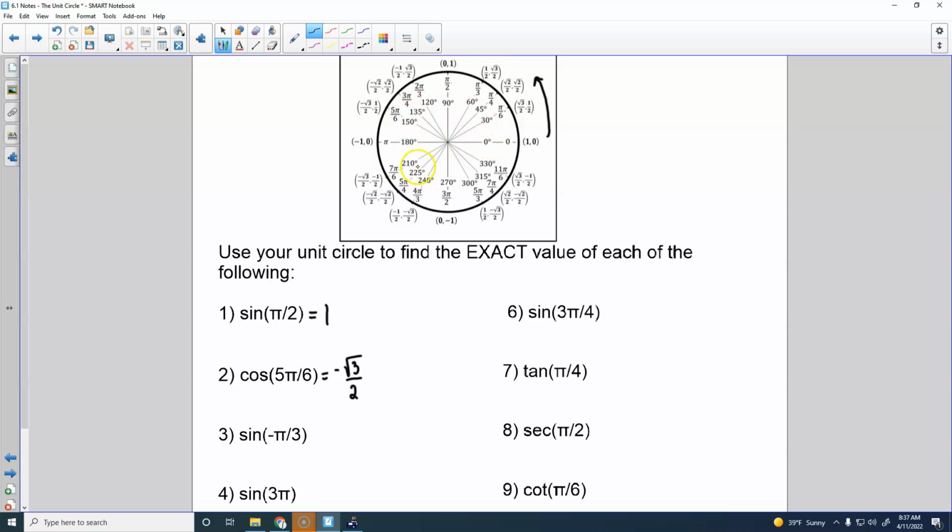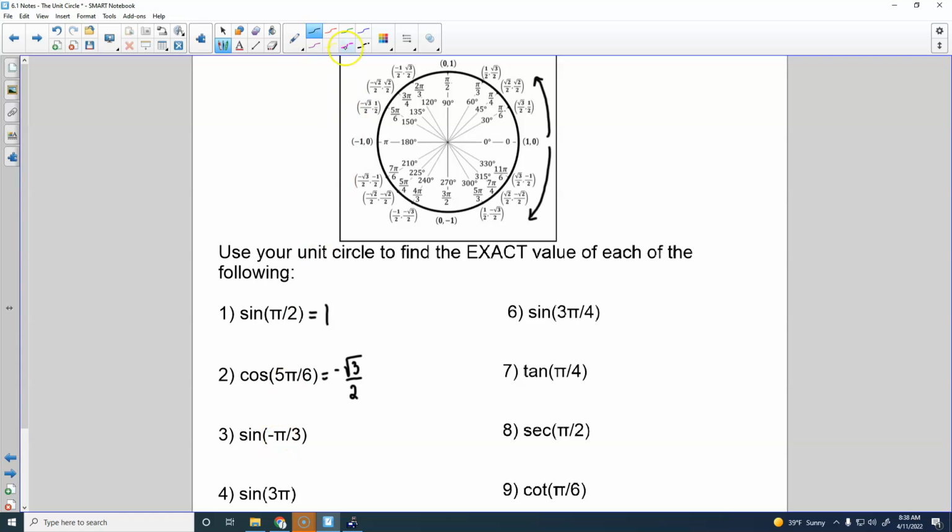If they give you an angle of 210 degrees, then that is 210 degrees in the counterclockwise direction. So if we have a negative angle, all that means is that we're going that distance in the clockwise direction.